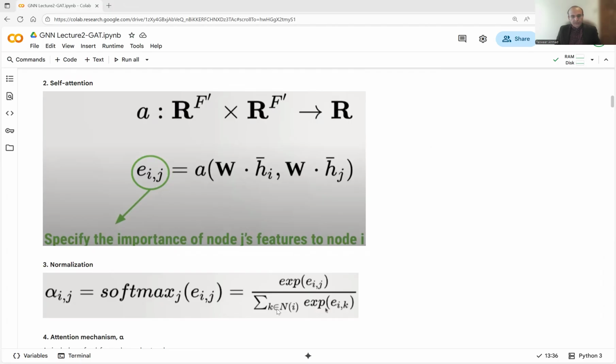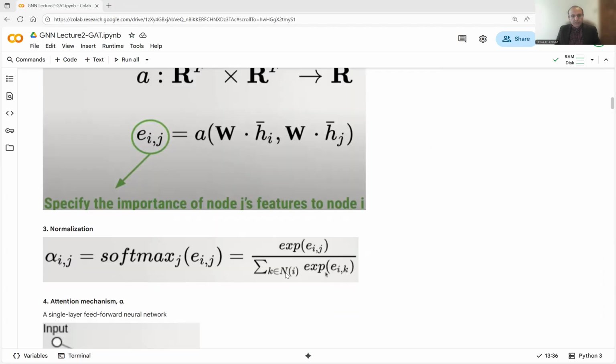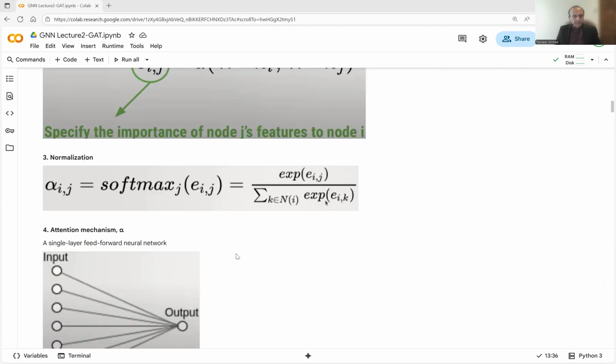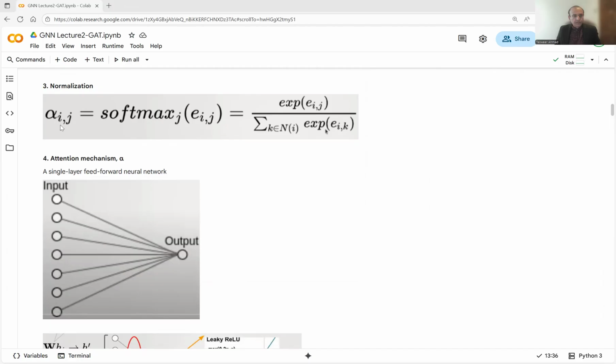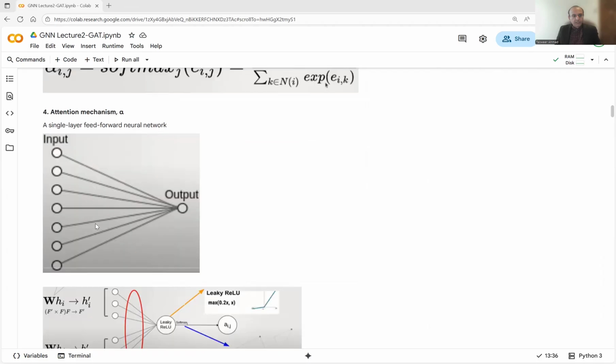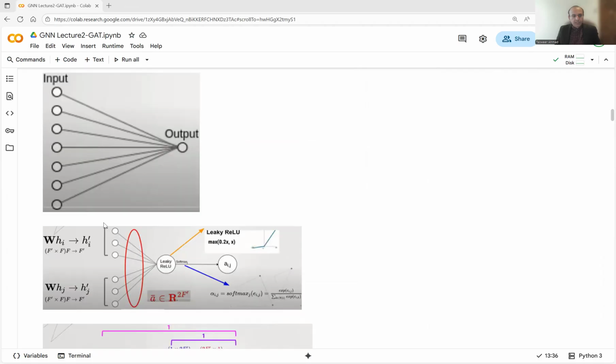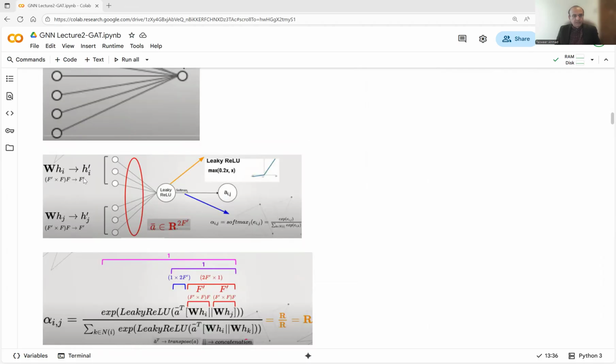The exponent is in the numerator, and the sum of the exponents over the neighboring nodes is in the denominator. So what is this alpha? Alpha is a single layer neural network with input and output, and there will be weights which we have to learn. More precisely, for example, we have two nodes, node I and node j.